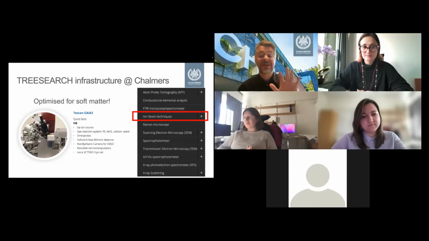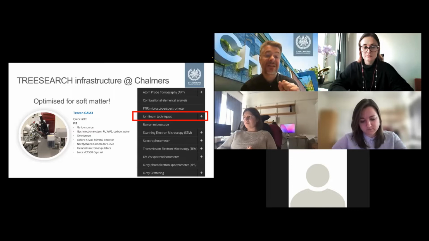And one instrument which is especially interesting is this TESCAN instrument, focused ion beam instrument, which can really provide high resolution images also for soft materials, combining a low current and low voltage and really optimized detectors.